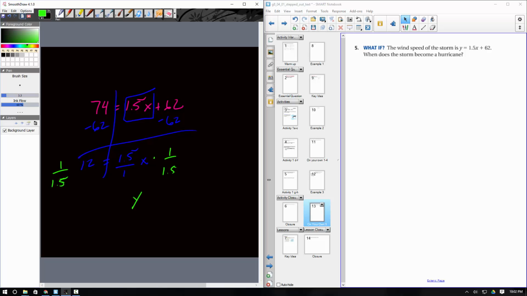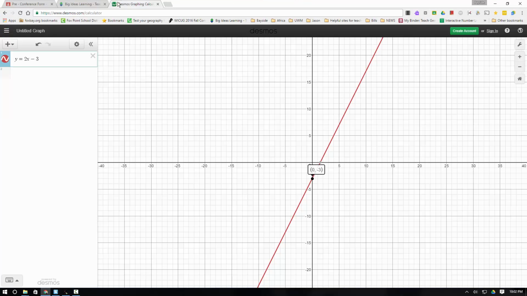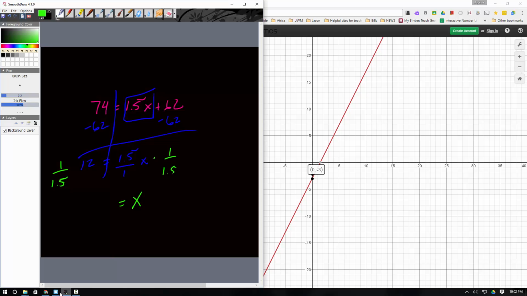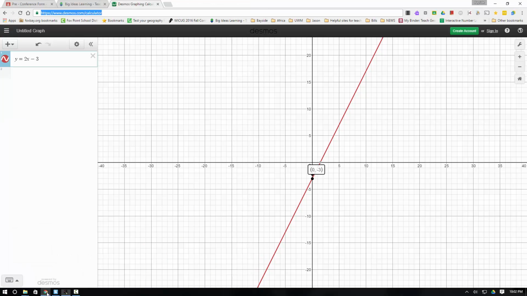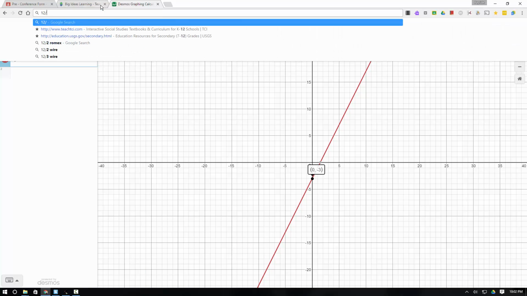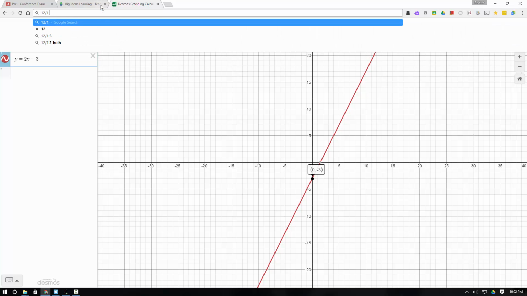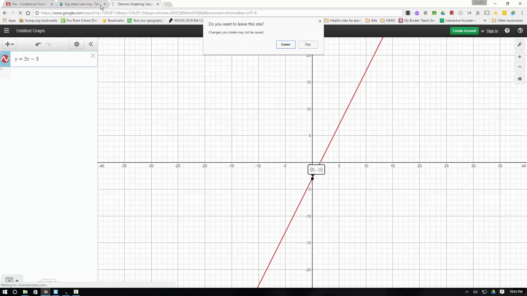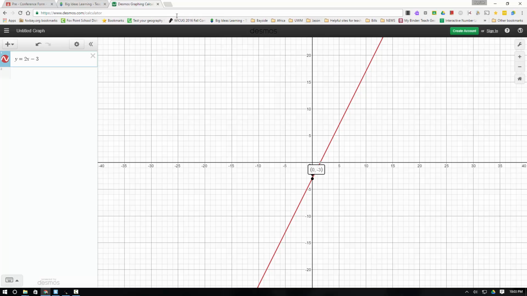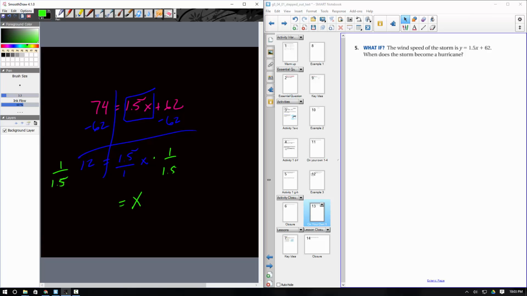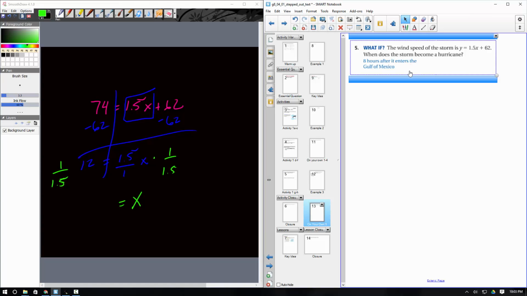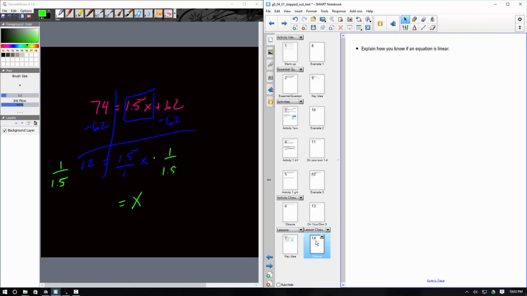And in this case, x will be equal to, so 12 divided by 1.5, right? So 12 divided by 1.5, and I get 8, I think. If I go here, let's look. 8 hours. And that is really the lesson for 4.0.